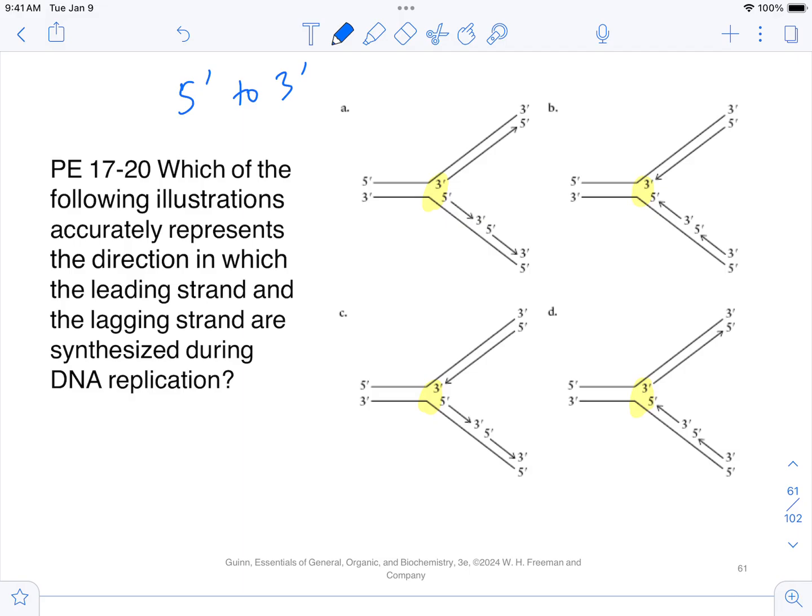I know that's a big part of this. And it's towards the replication fork, right? If I look at A, this arrow is pointed away. It's going that way. So I know that can't be right.